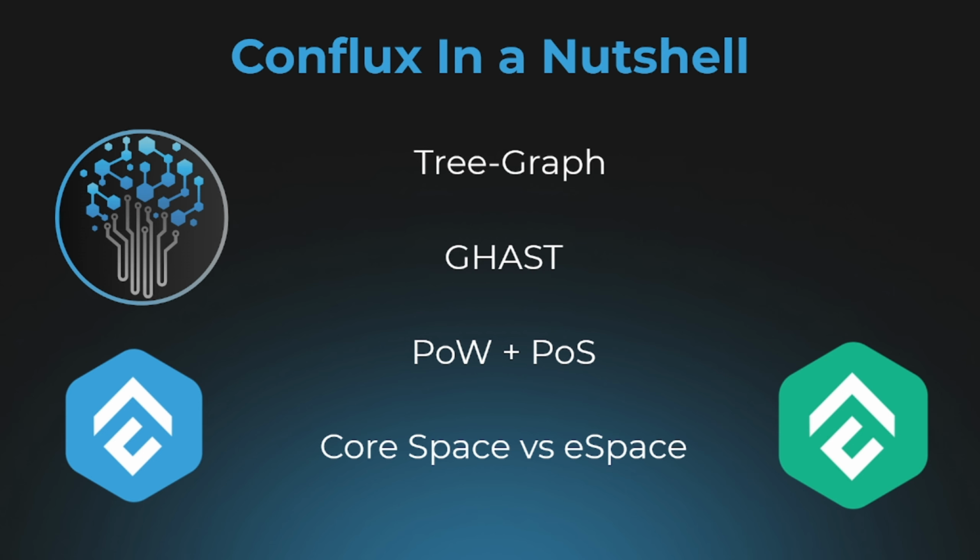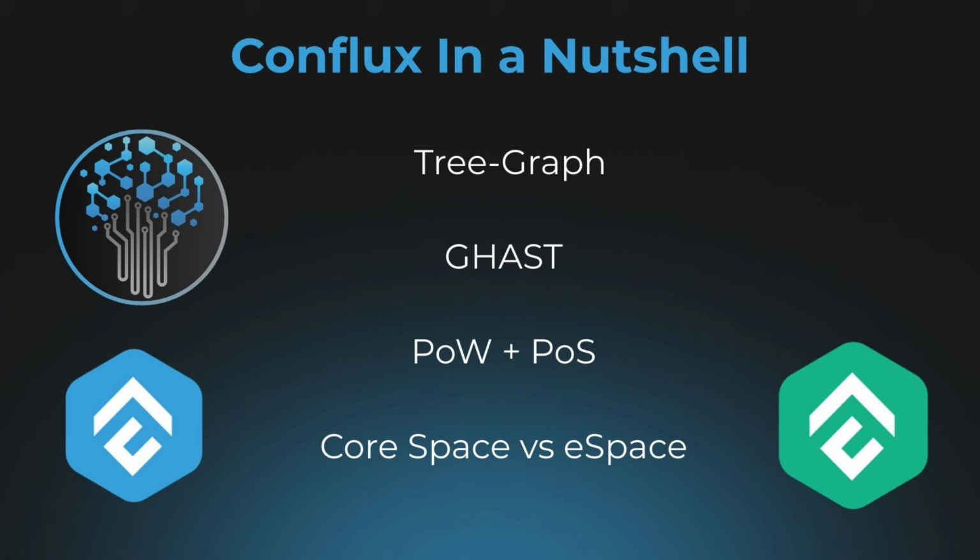These are the four key things you need to know to get started with Conflux and understand what Conflux is. The Tree Graph is the main innovation Conflux has developed, which is embedded in the way the ledger is structured, the way data is structured in the blockchain. The second key element is the GHAST selection rule, which is also an innovation compared to the GHOST selection rule, which originally came from Ethereum.